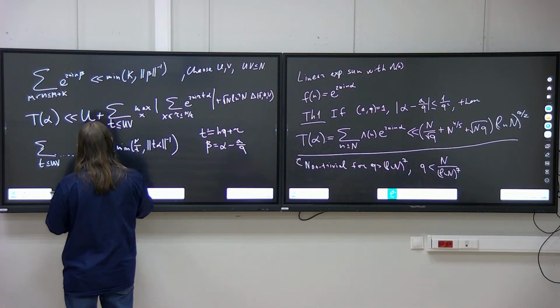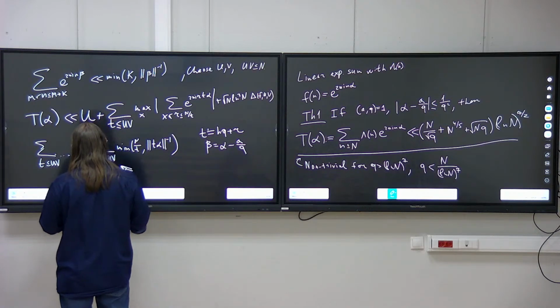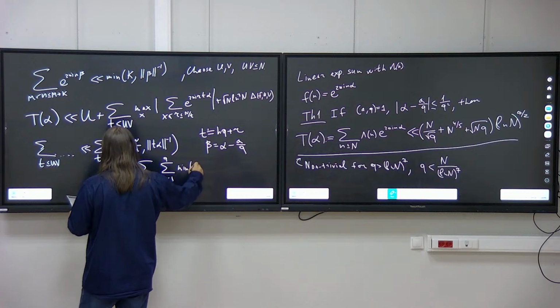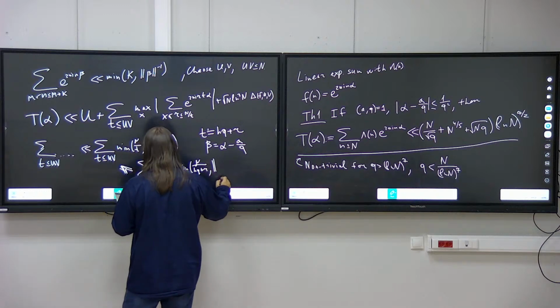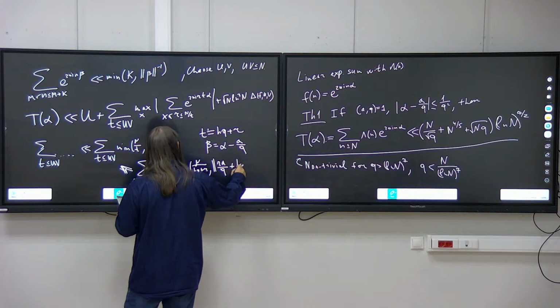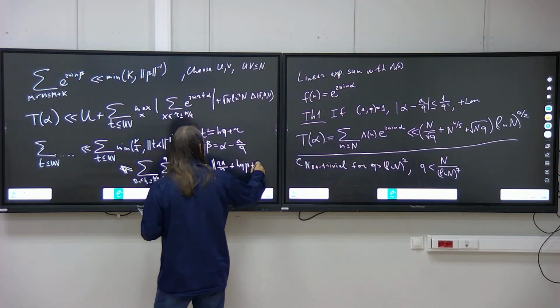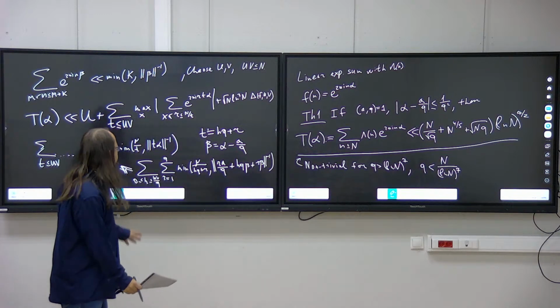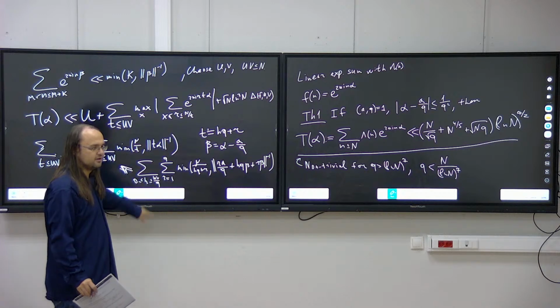So this is at most the following: the sum over all h between 0 and UV over q, the sum over all r from 1 to q, of the minimum of N over hq plus r and the distance from the nearest integer to ra over q plus hq beta plus r beta to the power minus 1. Okay? So this is just substitution to here.